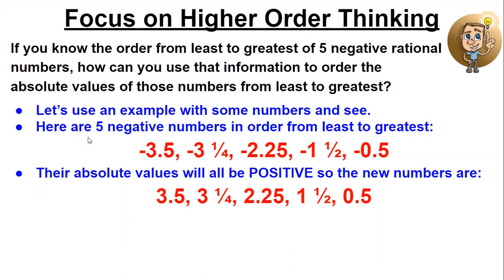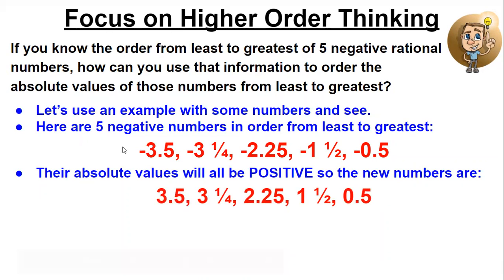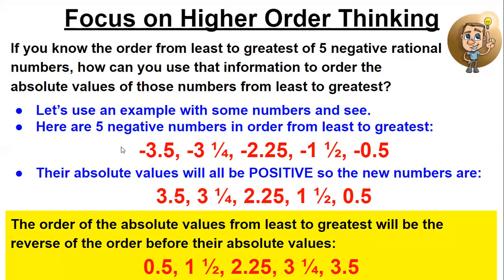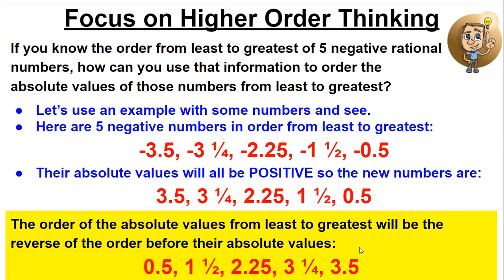How do I order those from least to greatest? Which one of these is least now when you think of it in positive terms? Right, 0.5. So the order of the absolute value from least to greatest will be the reverse of the order before their absolute values. So this is how they look after you order them by finding their absolute value.